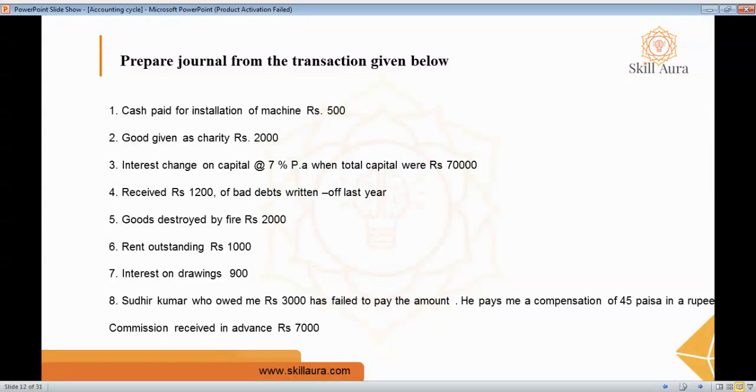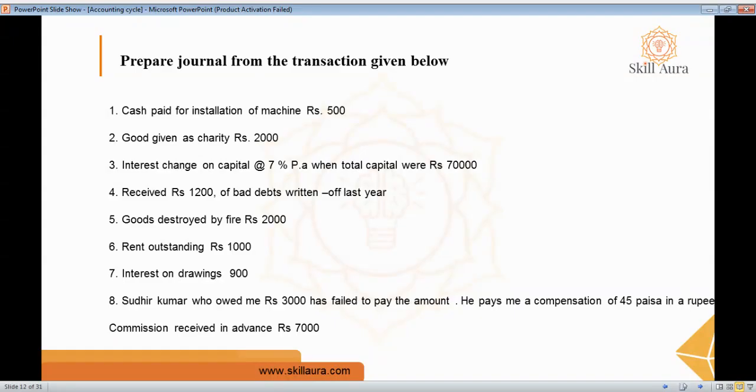When we debit the cash amount that Sudhir Kumar paid, 45 paisa, we also debit the compensation expenses account for the compensation, which is 90% of the original amount.